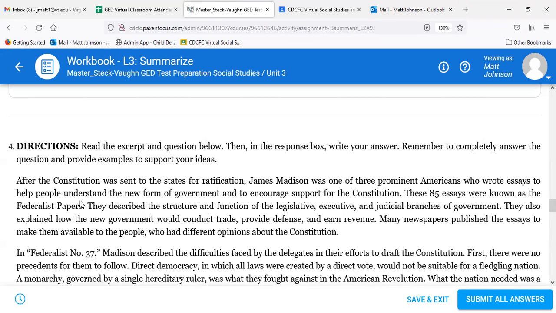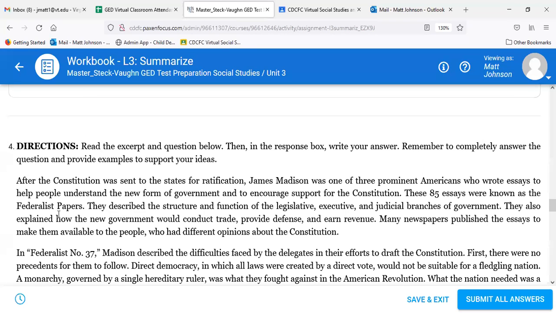Okay, so start here. After the Constitution was sent to the states for ratification, James Madison was one of 3 prominent Americans who wrote essays to help people understand the new form of government and to encourage support for the Constitution. These 85 essays were known as the Federalist Papers. They described the structure and function of the legislative, executive, and judicial branches of government.